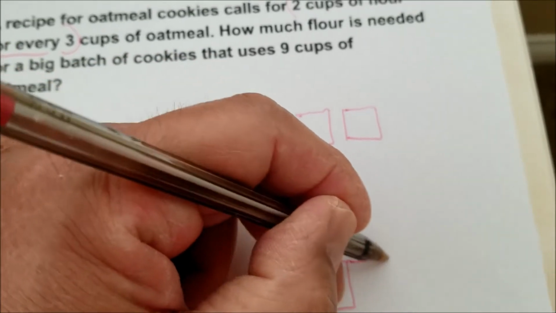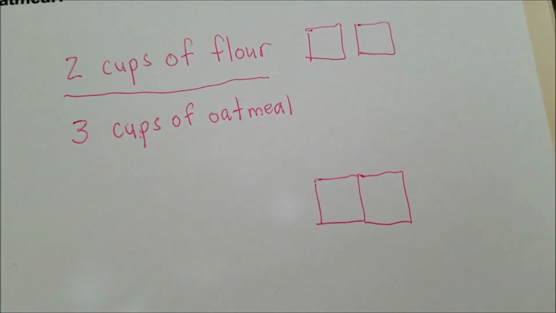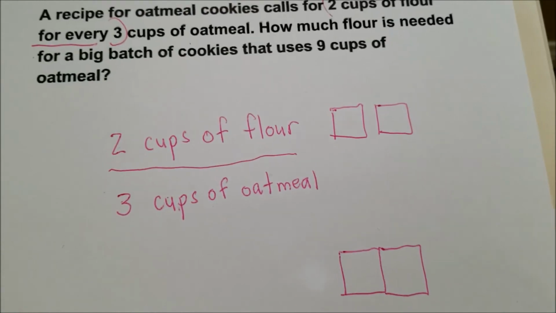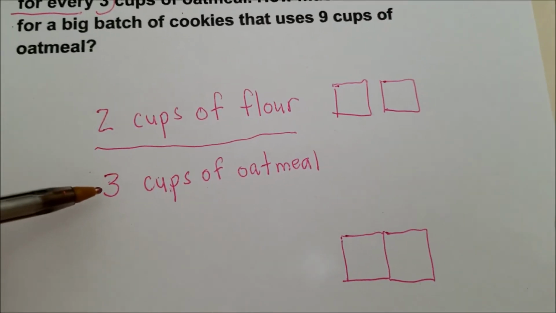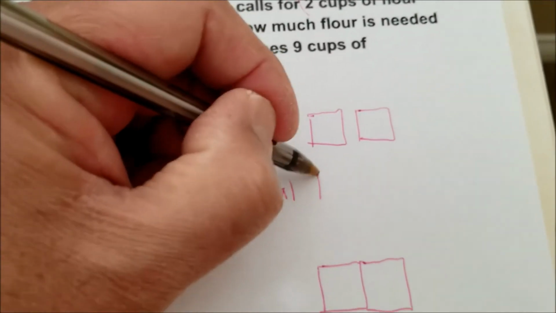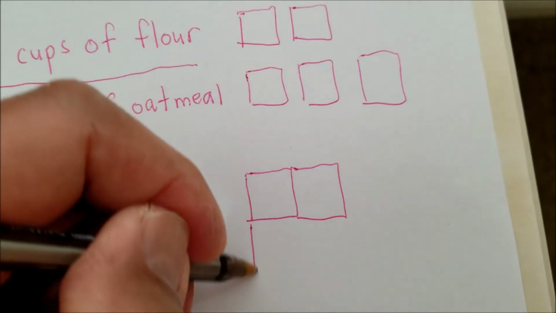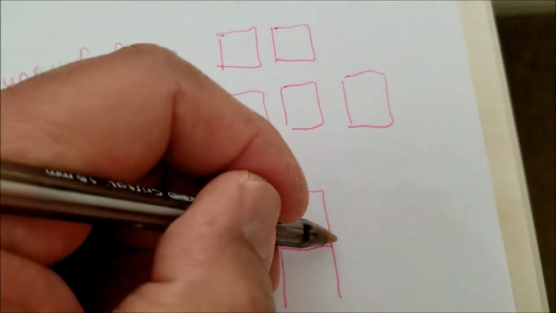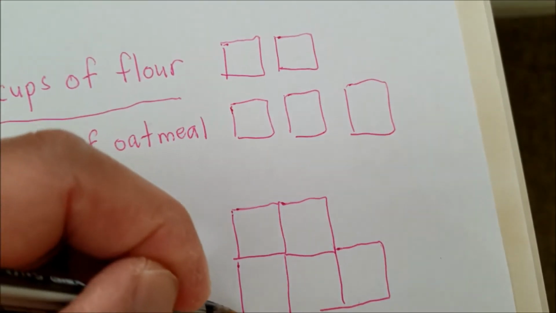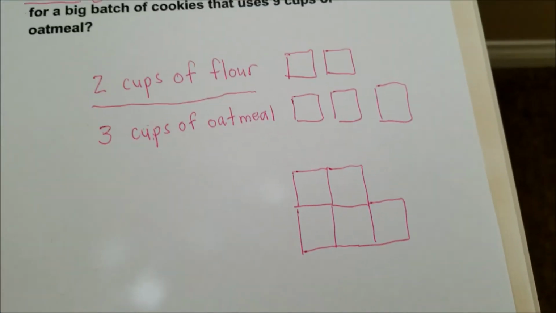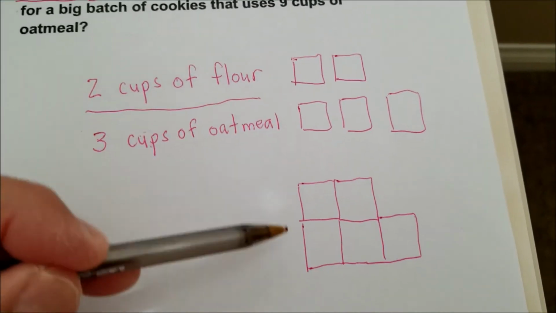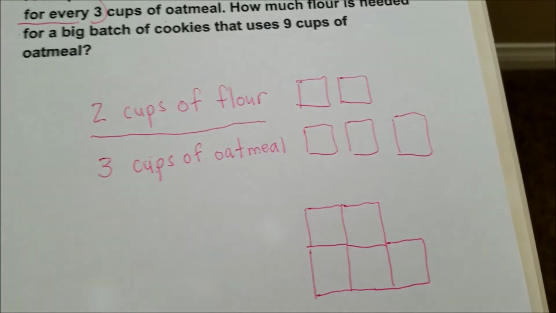It doesn't matter if they're separate or together. It kind of depends on how you're taught. And then we're going to put the 3 cups of oatmeal. So we're going to put 3 boxes down here. And if we're going to connect the boxes, then we're just going to do it like that. So it can be either this way or this way. You can obviously see it doesn't matter.